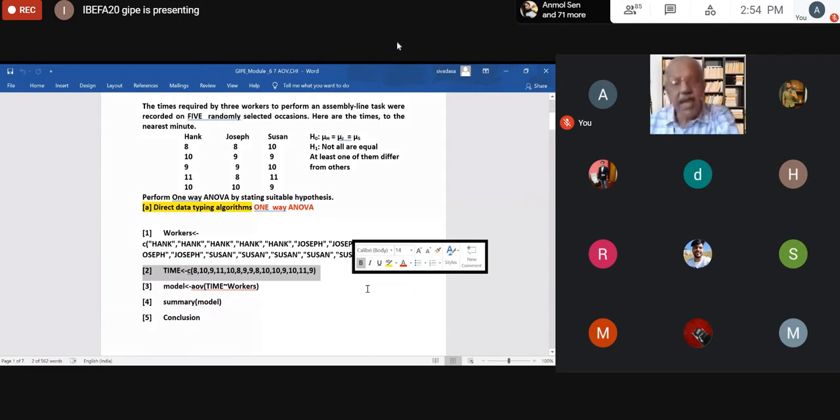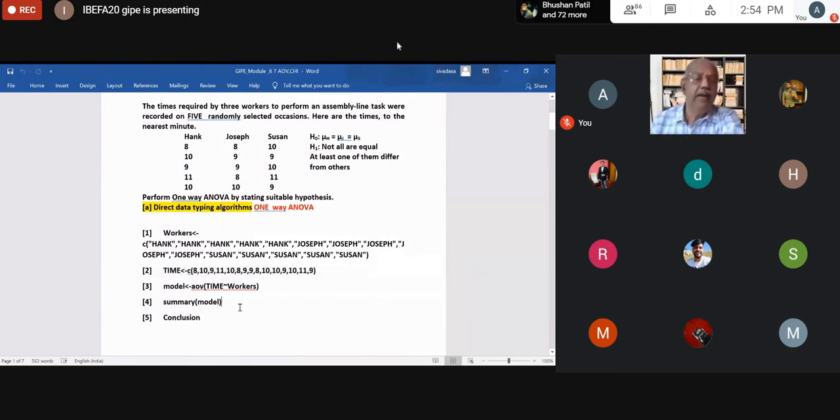What is the syntax? Model, assign AOV function. AOV function means ANOVA. Time versus workers. Variable is time. Workers is group. And summary of the model.